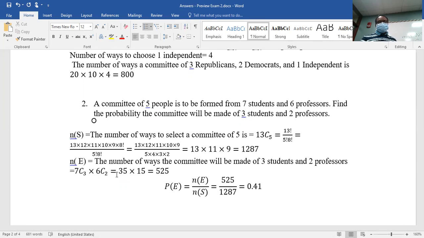And then 6 combination 2, 6, 5 over 2, this will go 15. So you will do 35 times 15 equals to 525. And the probability that the committee is made of 3 students and 2 professors will be 525 divided by 1287.